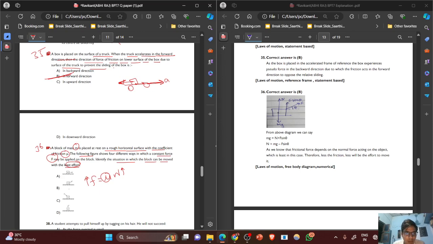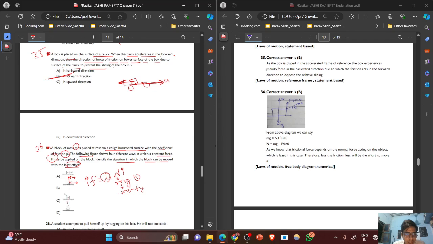Here friction will be mu mg in the first case, where N will be mg. In the second case, N will be mg minus Fy.